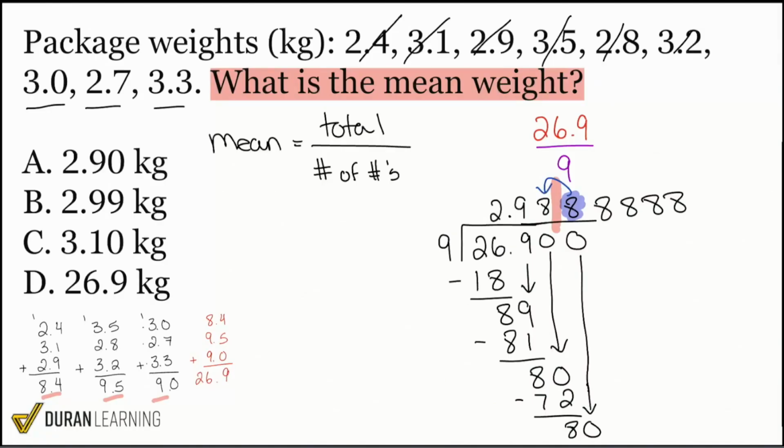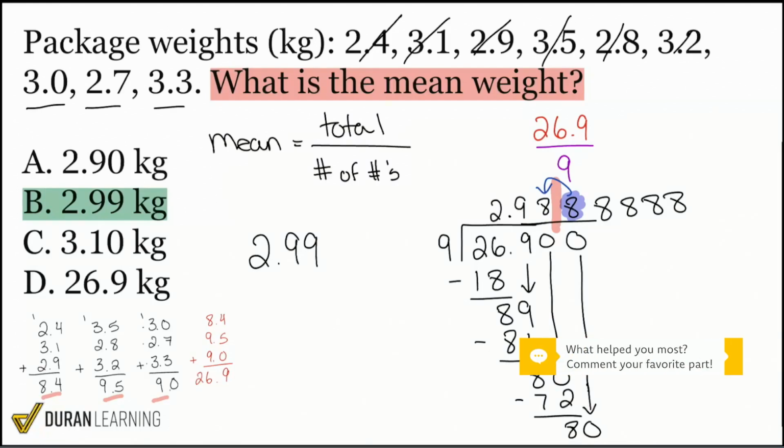This value here goes up by 1 value, giving us 2.99. And that's why the correct answer to this problem here is answer choice B. So at the end of the division, we notice that the 8 is going to repeat forever. So that means that the 2.98 gets rounded up to 2.99.